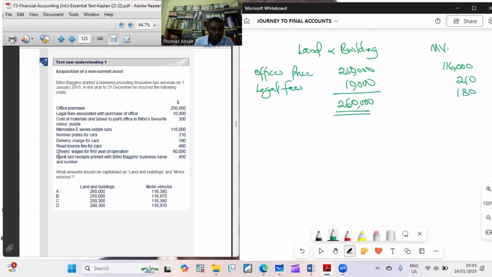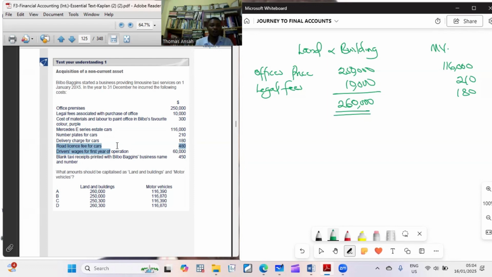Then we have driver's wage. Now, this road license fee for cars, if it is not the initial one, because now you have brought the asset to its useful state, you can actually use the asset. So the road license fee is something you must be careful about, whether it is part of the initial road license.